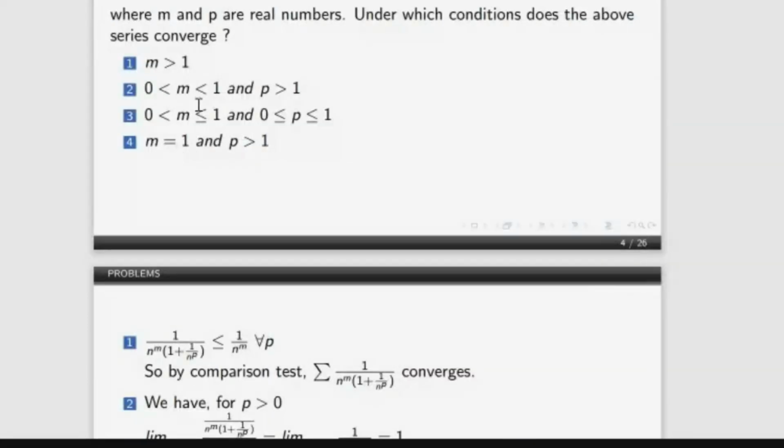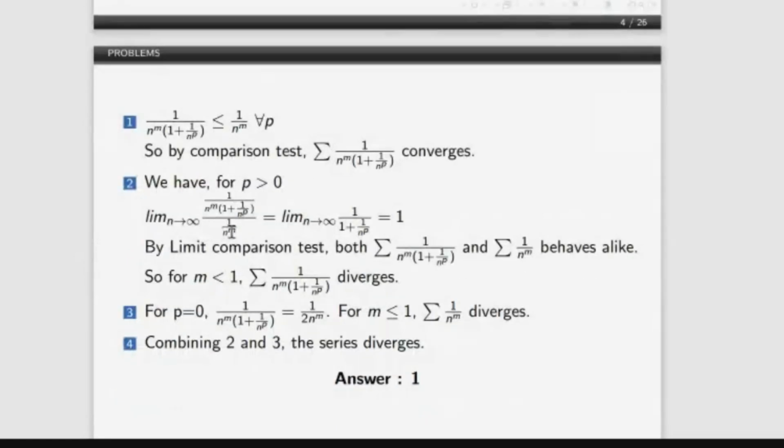Here my m is between 0 and 1. So 1 by n power m is a divergent series, using the idea that for a p series, if p is between 0 and 1, it is divergent. So using that idea, I am comparing it with this term and taking the ratio.